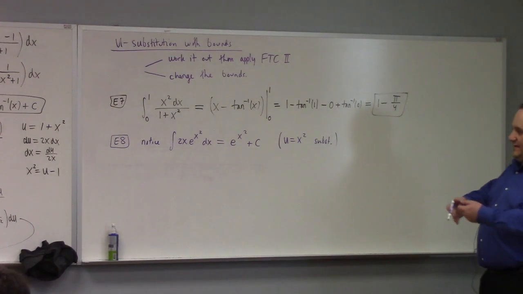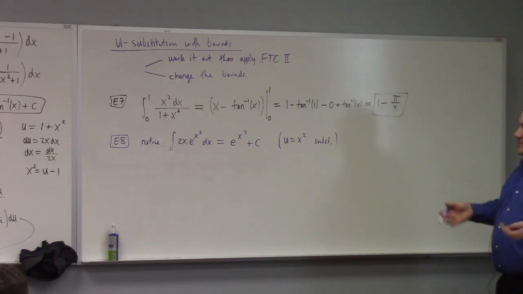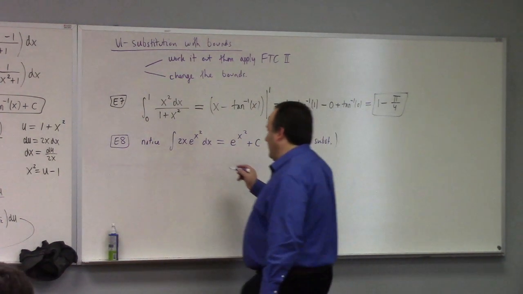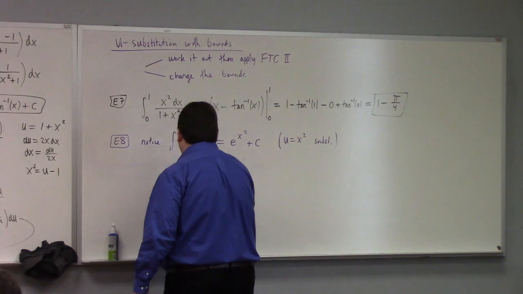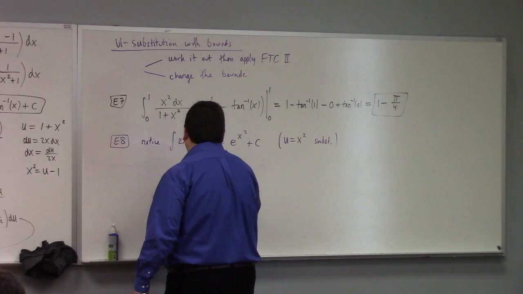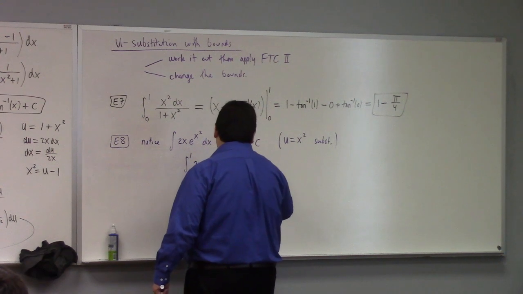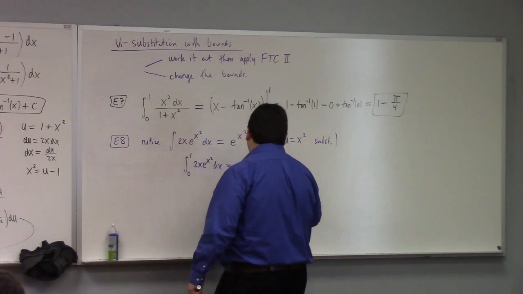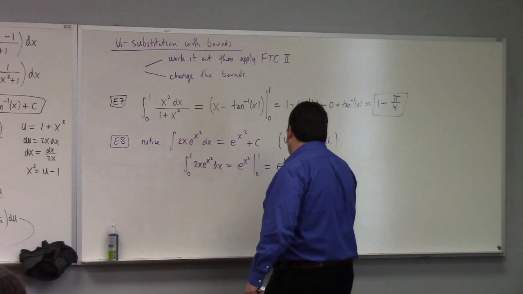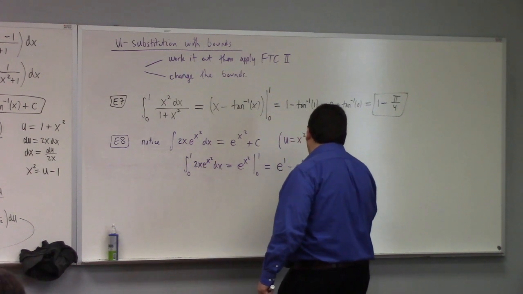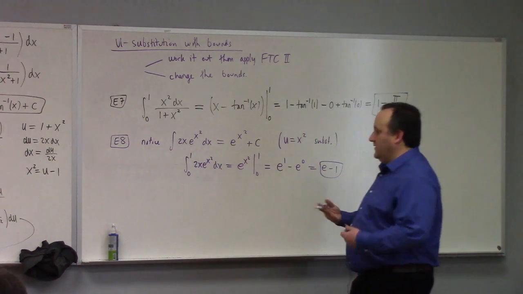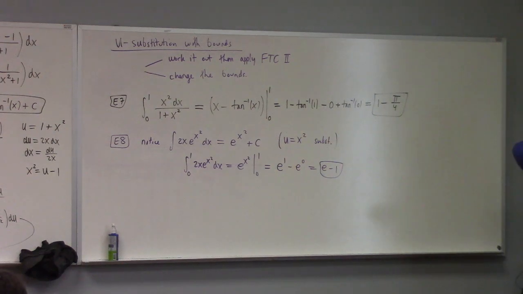Great, so that's that antiderivative right there. If I integrate this from 0 to 1, then I can do e to the x squared evaluated from 0 to 1, which will give me e to the 1 minus e to the 0, also known as e minus 1. There you go. That's the not changing the bounds way.